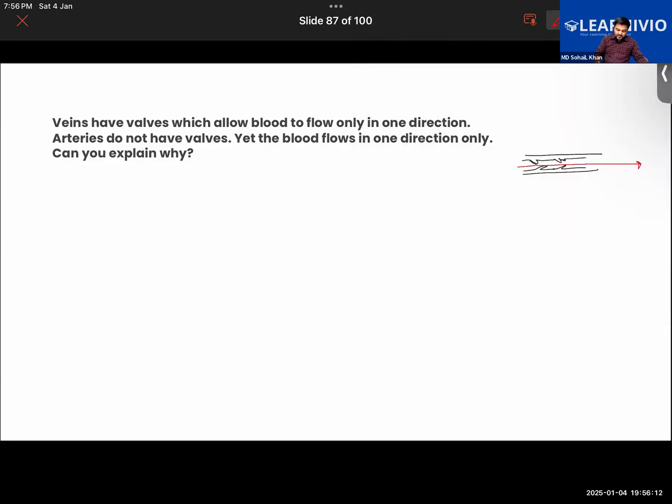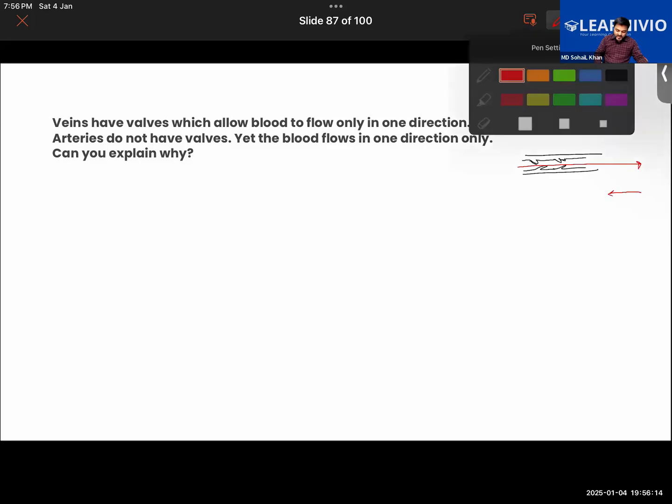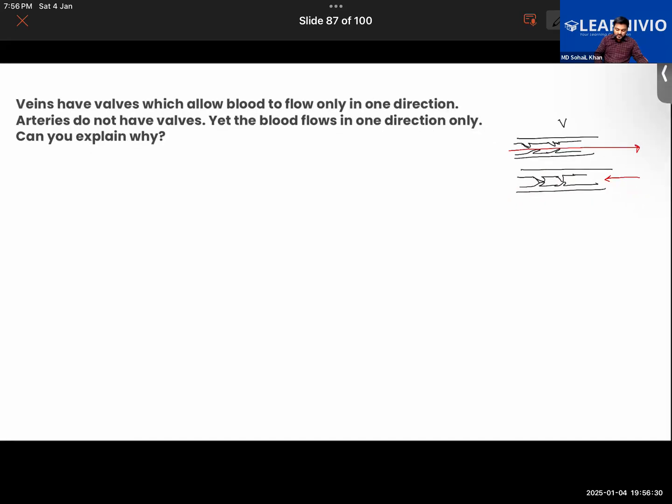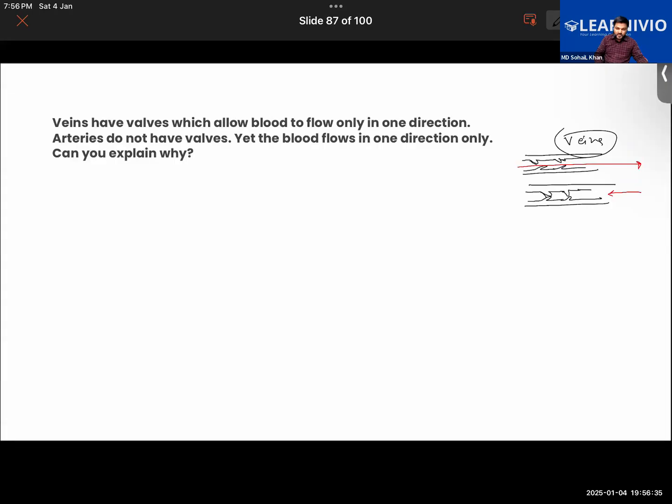But if the blood starts to flow in the opposite direction, the valves will close like this. When the valves close like this, the blood will not flow in the opposite direction. So it is present only in the veins and not in the arteries. What is the reason?